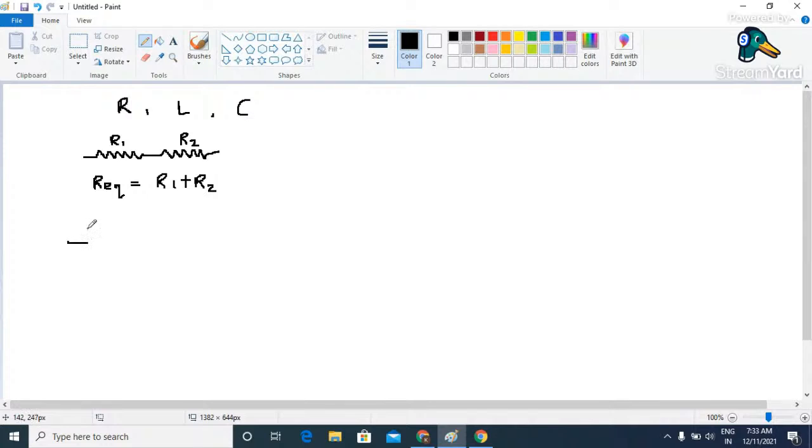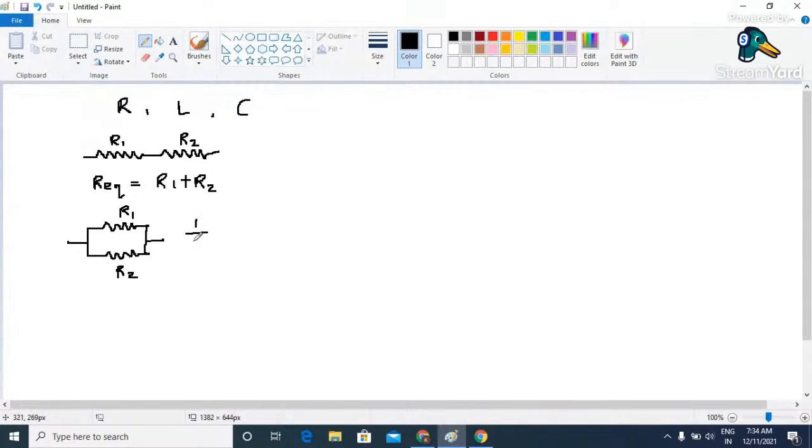In the same way, if you have two resistors in parallel combination like this, R1 followed by R2, and our objective is to find R equivalent. When two or more resistors are connected in parallel combination, we need to add them by inversing them.